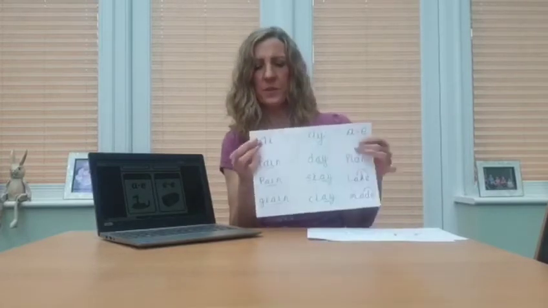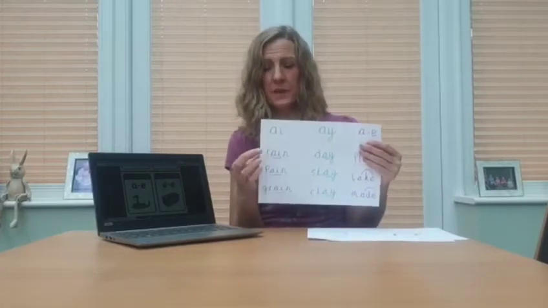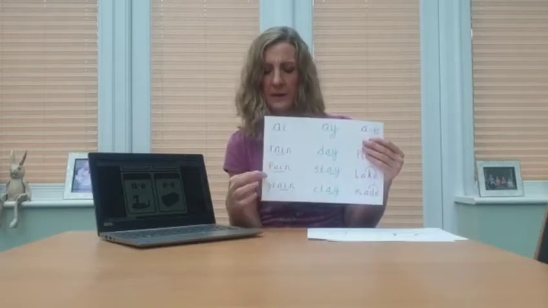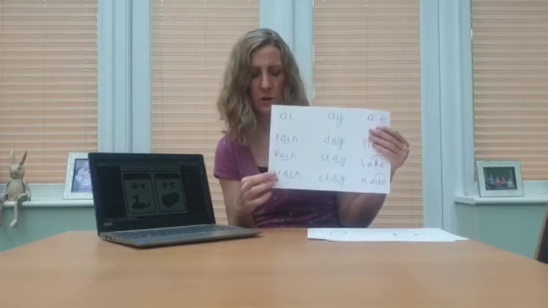So by now they've also learnt three different types of A sound. By the time they've come to learn the split a, they will also have learned the Phase 3 ai, which is the a and the i. So we have words like rain, p-ai-n, pain, and g-r-ey, grey.